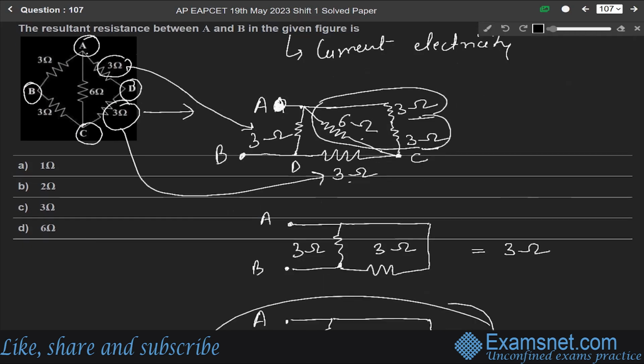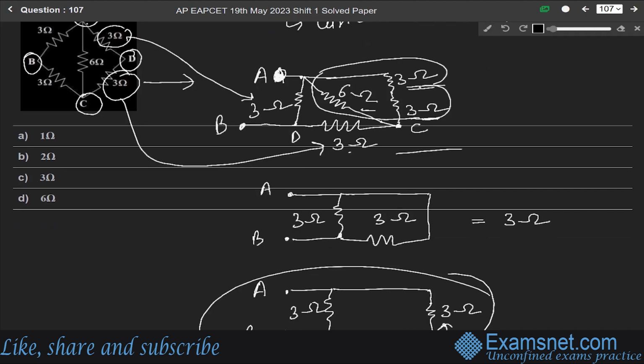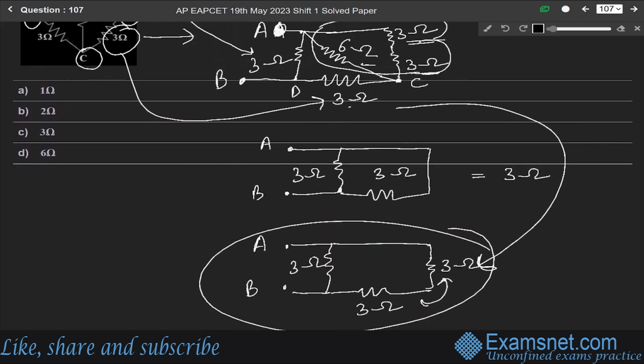Now for these 3 ohm, 3 ohm and 6 ohm, we write their equivalent as this 3 ohm. This is again the original one, 3 ohm, and this is 3 ohm.